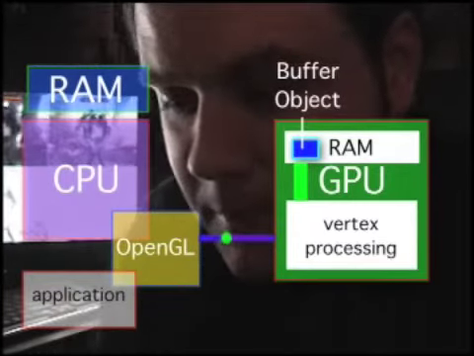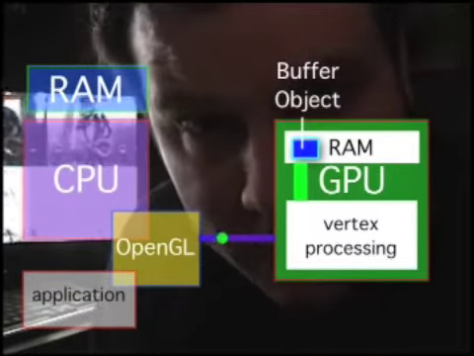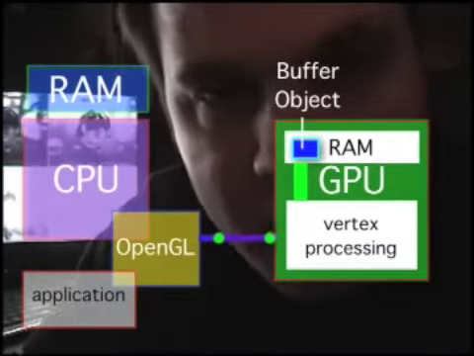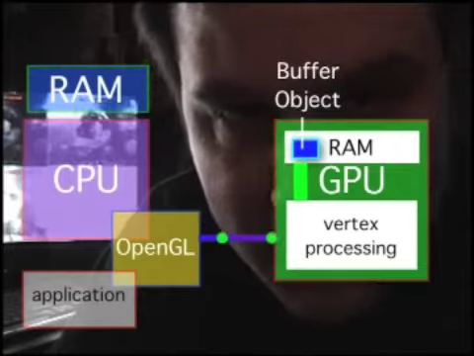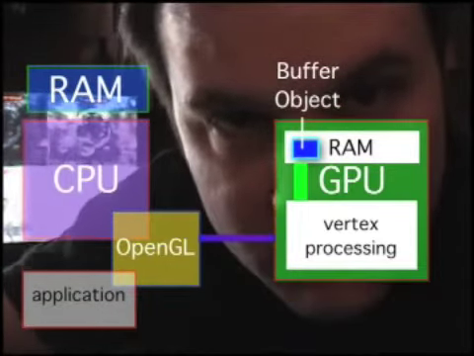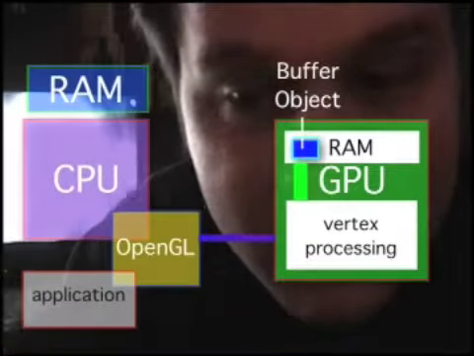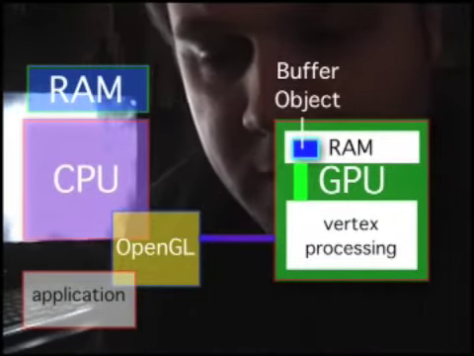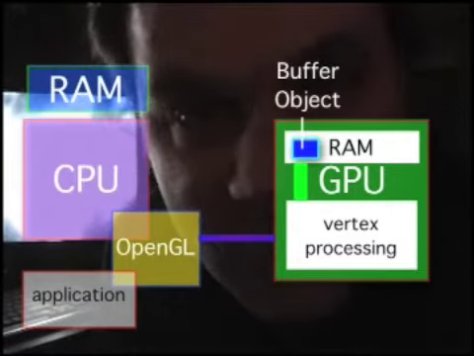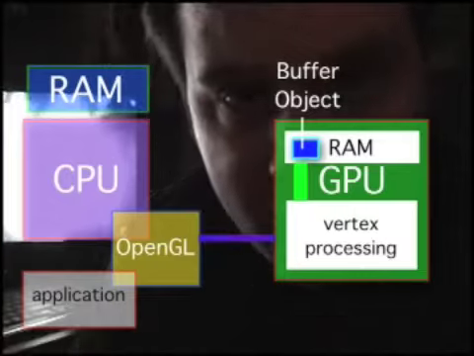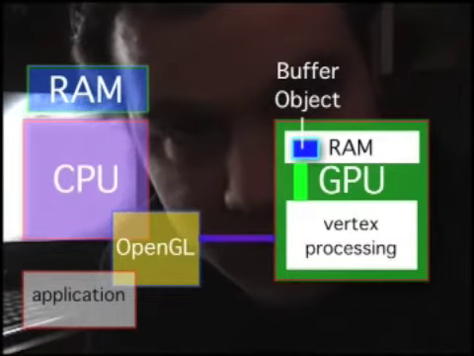So the pipe now is a lot thicker, and the information can be processed a lot faster, and then as we move this information across the pipe between the CPU and GPU, it goes into this buffer cache, and then is able to get processed faster. So it's not, if you will, this vertex processor is starving for stuff, and we can't feed it fast enough to use its full potential, basically.